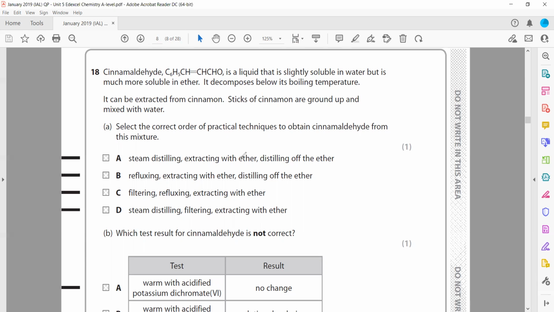Then we extract with ether and distill out from ether. Extract with ether means use ether as a solvent and dissolve the cinnamaldehyde in ether, and then we carry out a fractional or simple distillation. So this will be separated from its other components. So A will be the right answer.